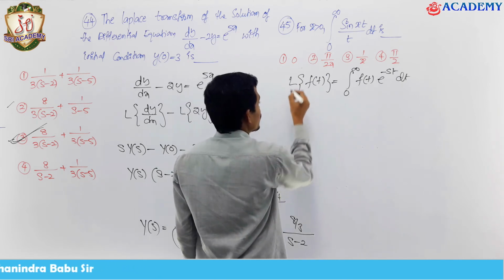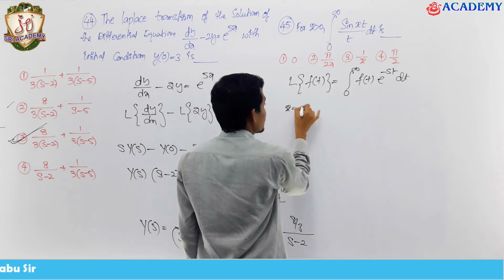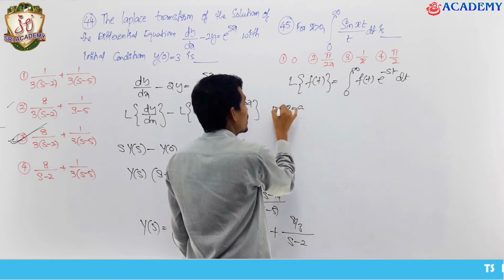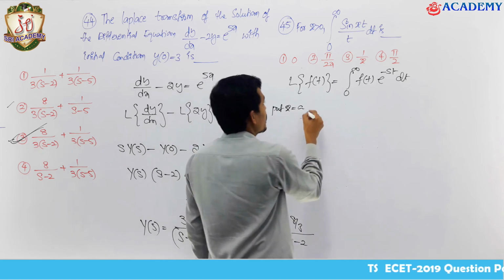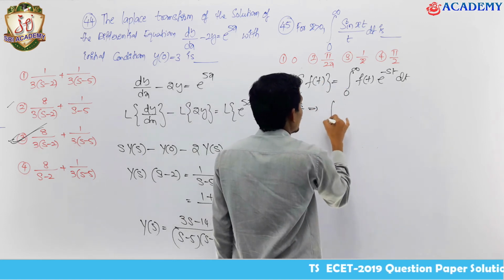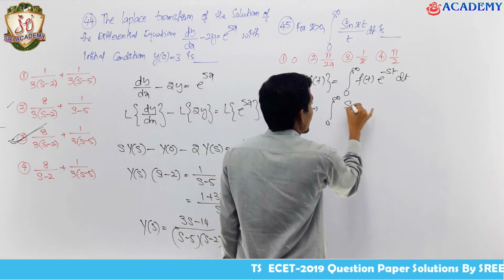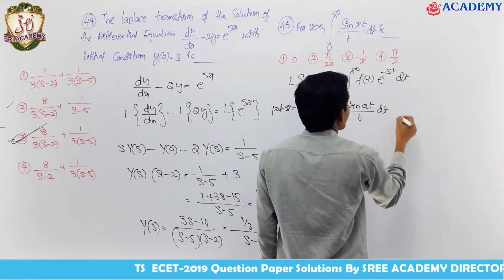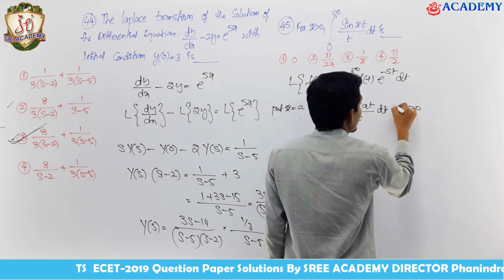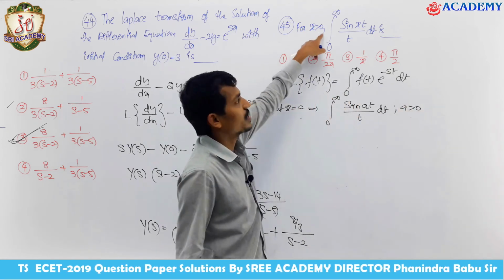Suppose I am modifying the question, here in place of x I am checking a, to help you understand easily. That is, the integral from 0 to infinity of sin at divided by t dt. Here a is always greater than 0.